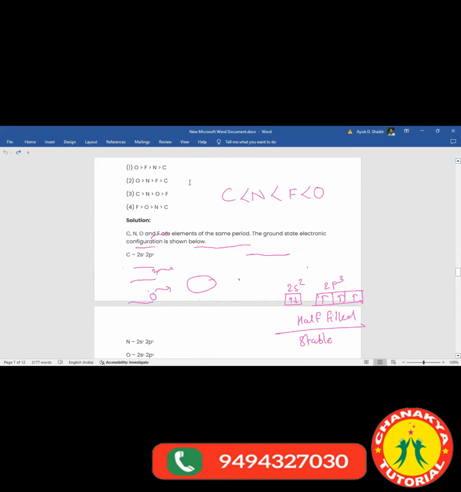So oxygen has a higher energy than fluorine. Nitrogen has a higher energy as compared to carbon. So your first option is the correct one. Clear? Understood? In this way, you're supposed to solve all the answers.